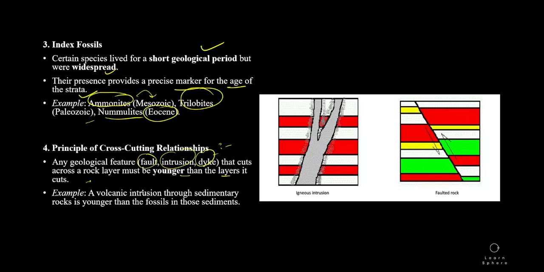For example, a volcanic intrusion through sedimentary rocks is younger than the fossils in those sediments. Clear? The intrusion, basically the geological feature, can be any intrusion or a faulted rock.